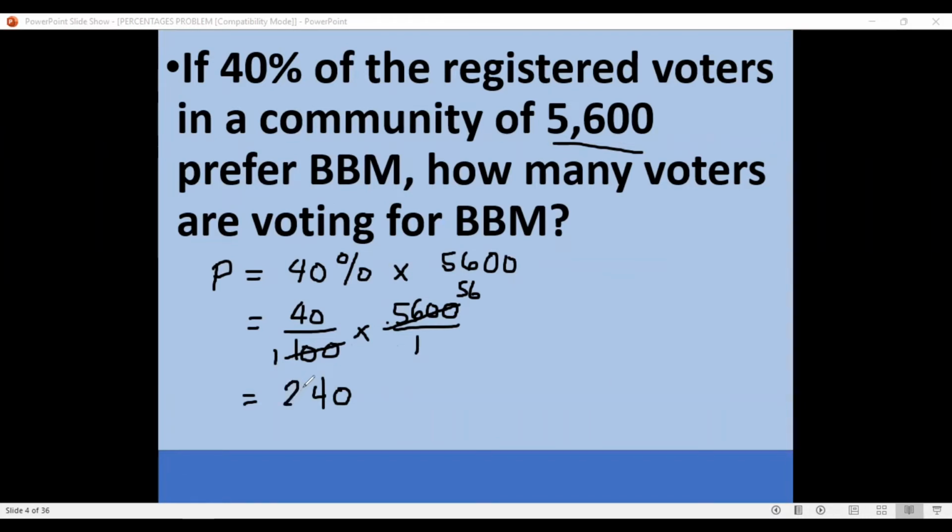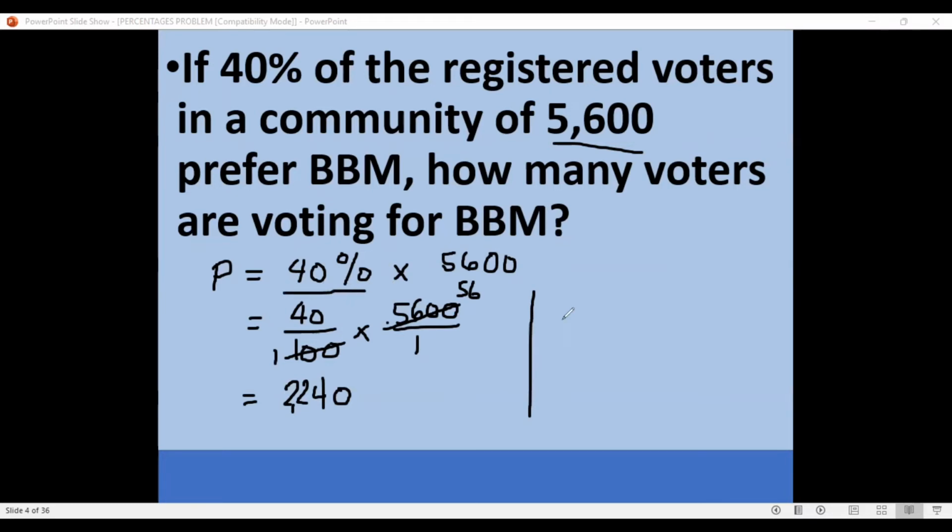So out of the 5,600 voters, 2,240 are for BBM.